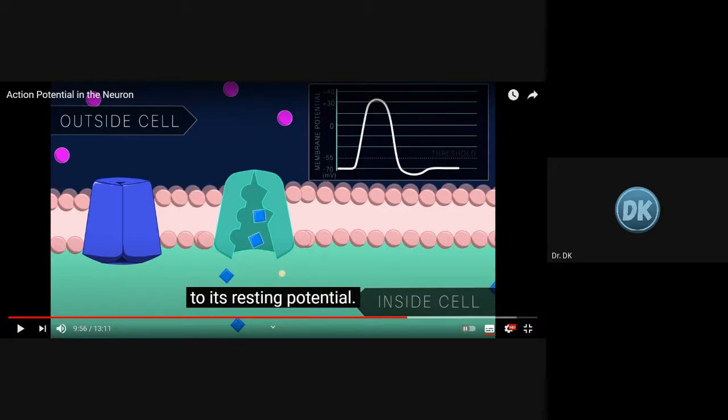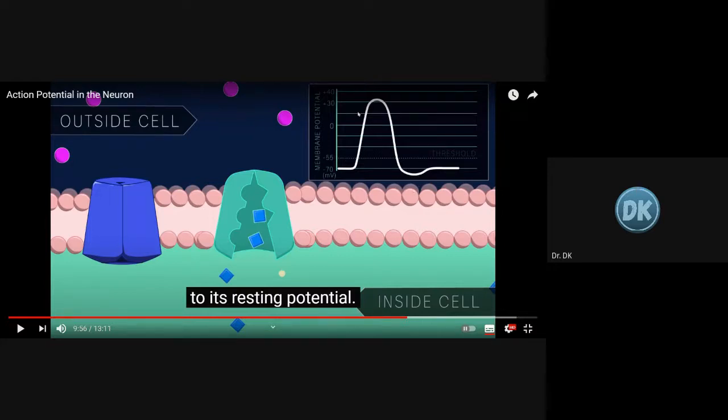So you have to know the difference between depolarization and repolarization. These two terms are very, very important. Depolarization is when it goes from resting potential to action potential. Repolarization is when it goes from action potential to resting potential.